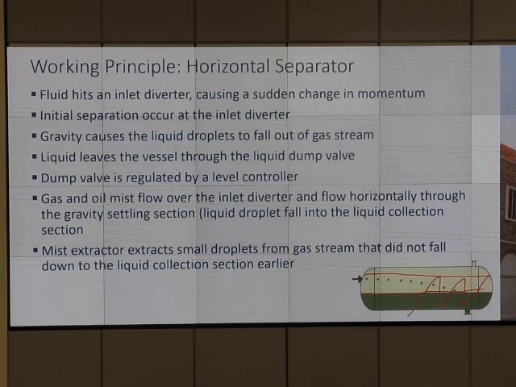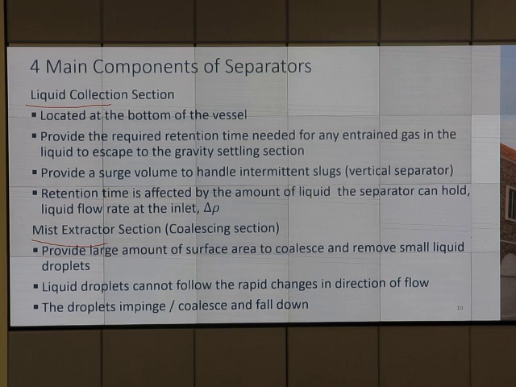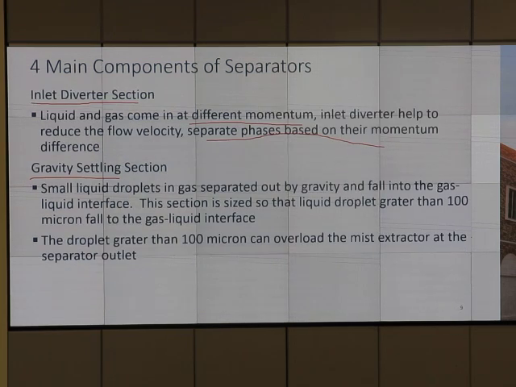And I have the same volumetric flow rate of gas coming in. This means gas will flow very fast in that gap, right? Gas will flow very fast in that gap. So liquid droplets may just stay in the gas phase and go out on the top. We don't want that, right? Okay. So the main function of the gravity settling section is to remove liquid droplets from gas.